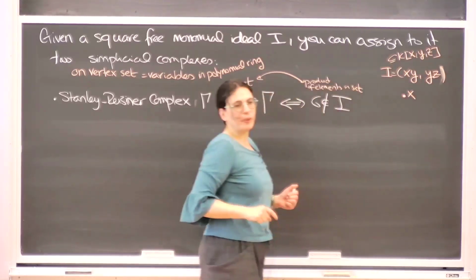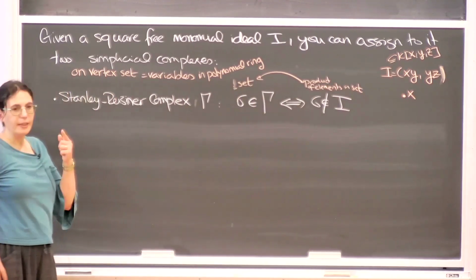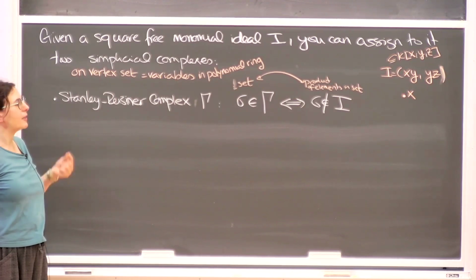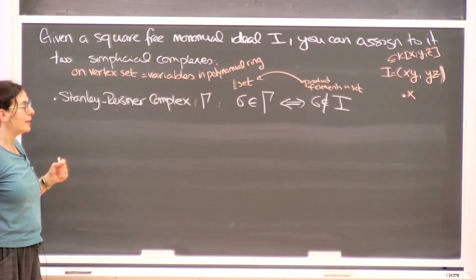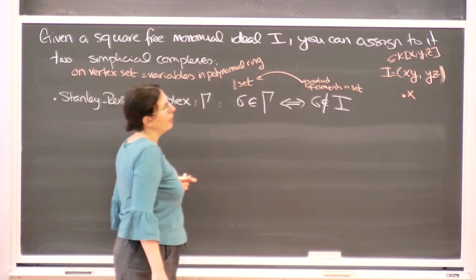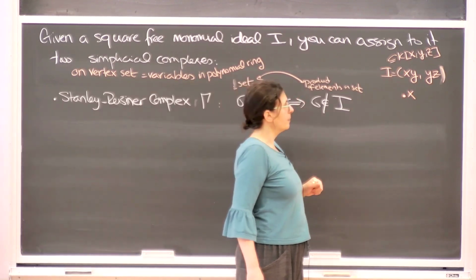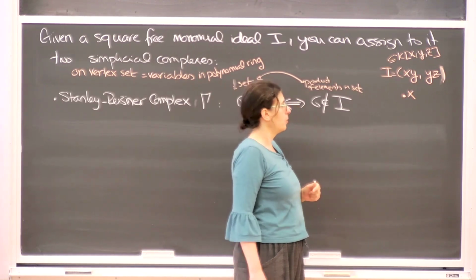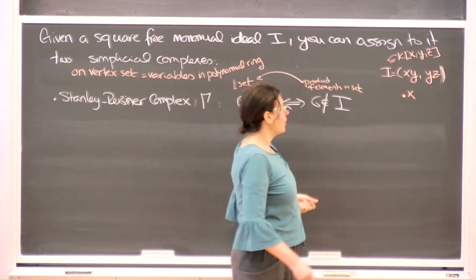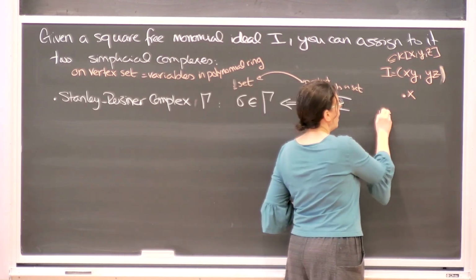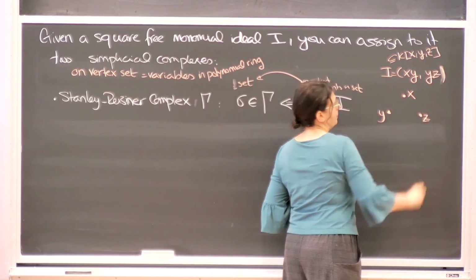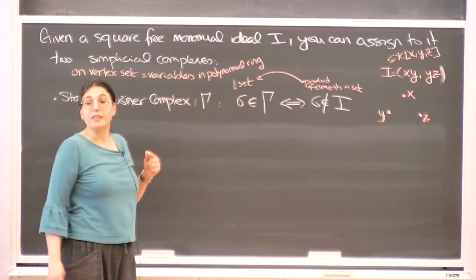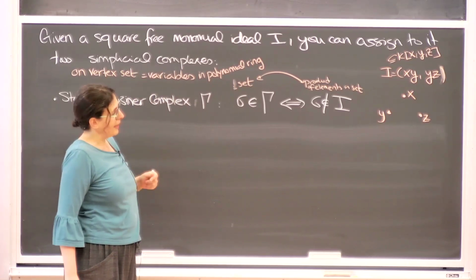And here's where that issue that someone was asking about, I think Karen, comes in: do you just consider the variables that appear in your ideal, or do you consider all the variables in the polynomial ring? For Stanley-Reisner theory, it matters to consider all the variables in the polynomial ring. So my vertices are x, y, and z, unless x, y or z appear as a generator of the ideal, but they don't in this case.